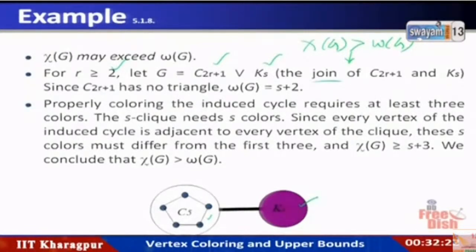The join operation we defined earlier of two graphs means all the vertices of these two graphs are adjacent to each other. So every vertex will be adjacent to all the vertices of Ks. Similarly, this vertex also will be adjacent to all the other vertices of Ks.